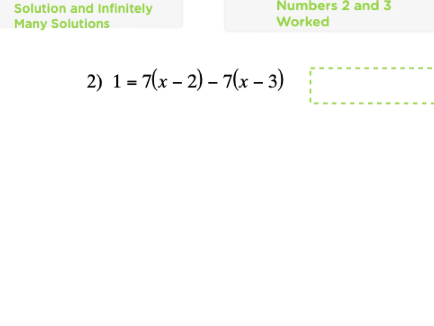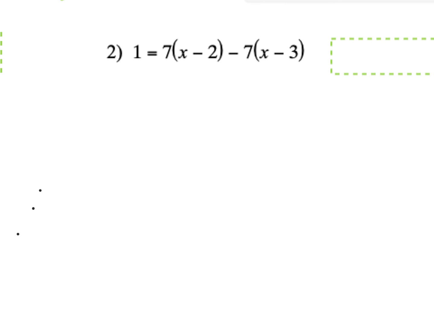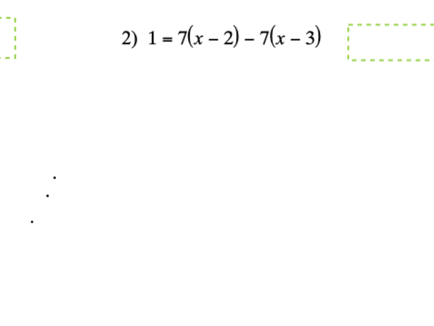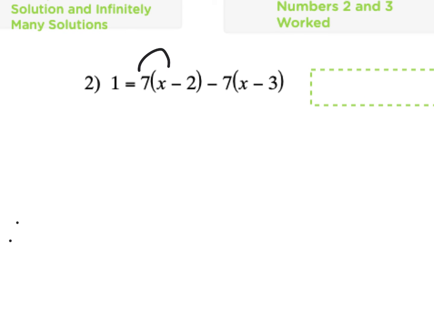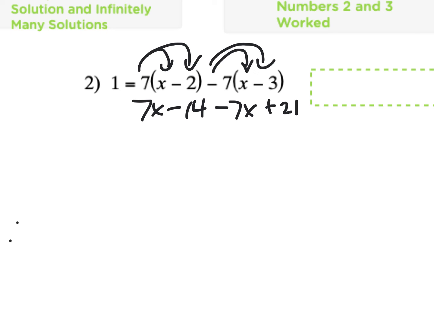Number 2 on page 4. So if you do what you're supposed to do, where you distribute first, we're going to do 7 times x. So 7 times x gives 7x minus 14, and then this one is negative 7 times x, and then plus 21.